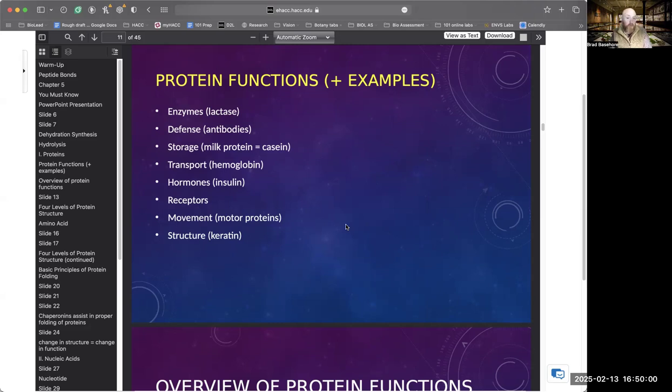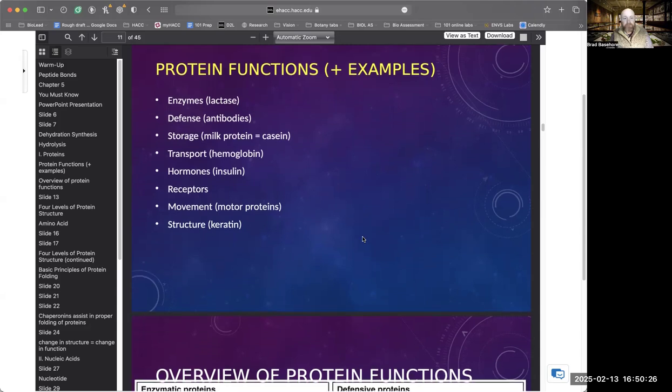Some proteins are for movement. This is the one we really think of when we think of proteins, because what we eat in the form of meat is mostly these motor proteins. And then structure, that's keratin, things like hair and skin, proteins that are tough and resilient and are able to defend us from the outside world. So a lot of functions in here.